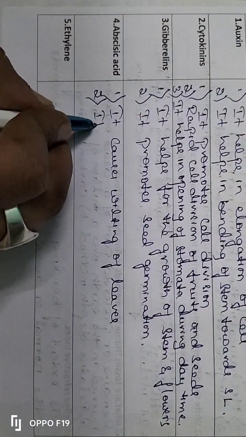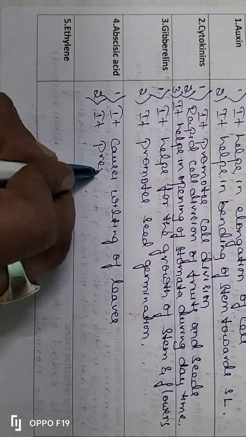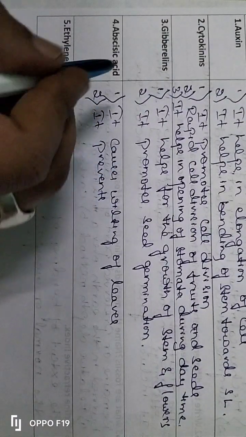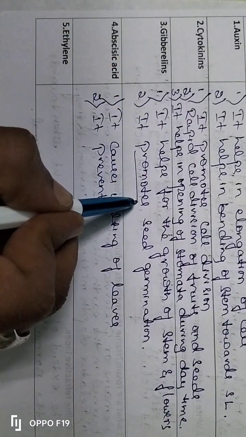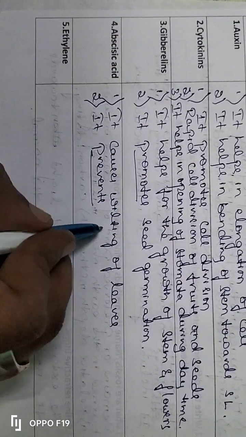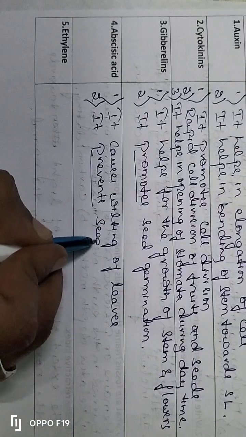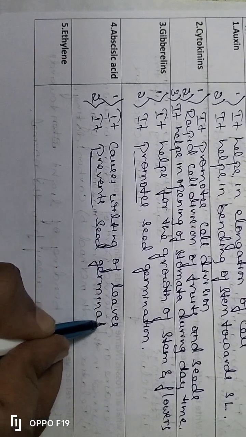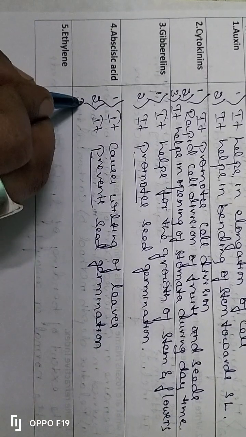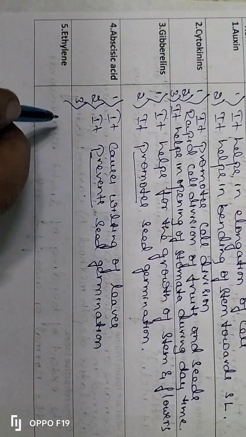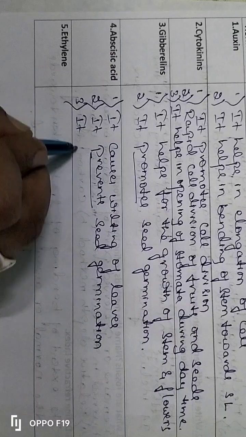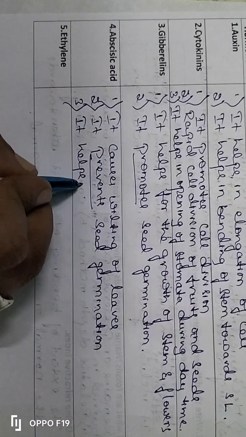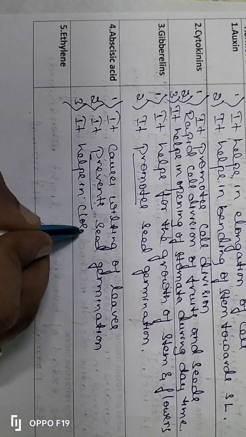Then the second one is that it prevents seed germination. If gibberellins promote seed germination, abscisic acid prevents it. That means the seed will not germinate. And the third function is that it helps in closing of stomata.